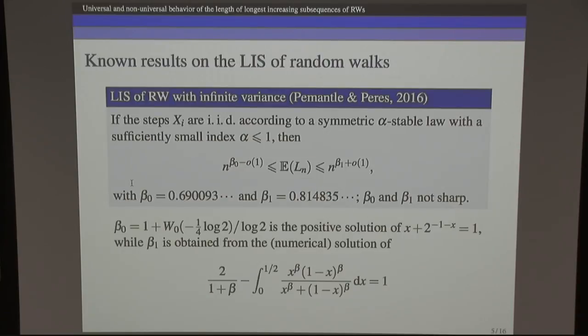So you expect longer increasing subsequences for random walks whose step increments have infinite variance. And these bounds are not sharp. They come from some kind of real space renormalization, and also some renewal arguments. It's possible to more or less read this paper, in fact.